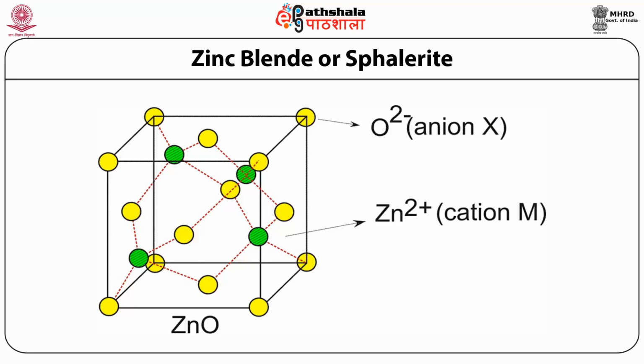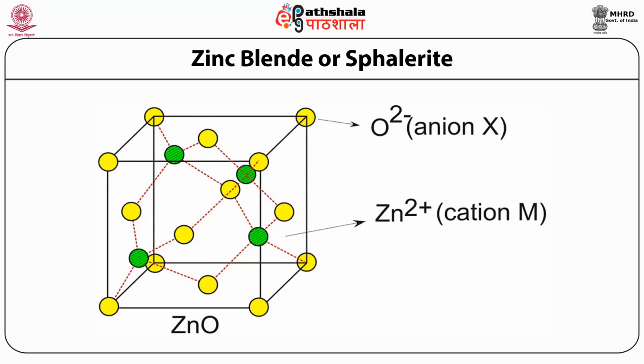The anions are represented by yellow color, whereas the cations are represented by green color and denoted by M. At the corners there are sulfur atoms, and at the tetrahedral sites there are zinc atoms. The coordination number for M is 4 and for X it is also 4.